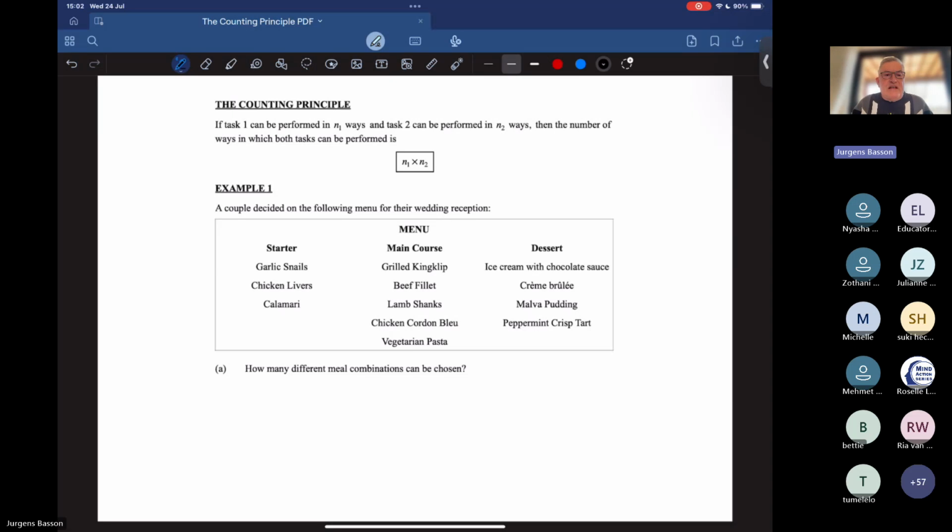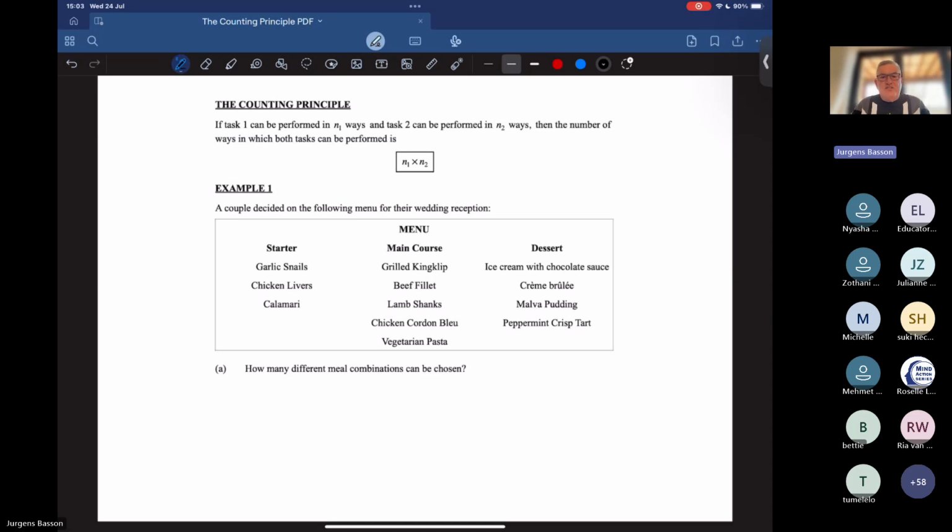What I would like to discuss with you today is to try to give you some ideas on how to present this. The problem with counting principle, and your learners will find it also complicated, is that every problem is different. So they sort of understand this one, and then the next one they can't do again.